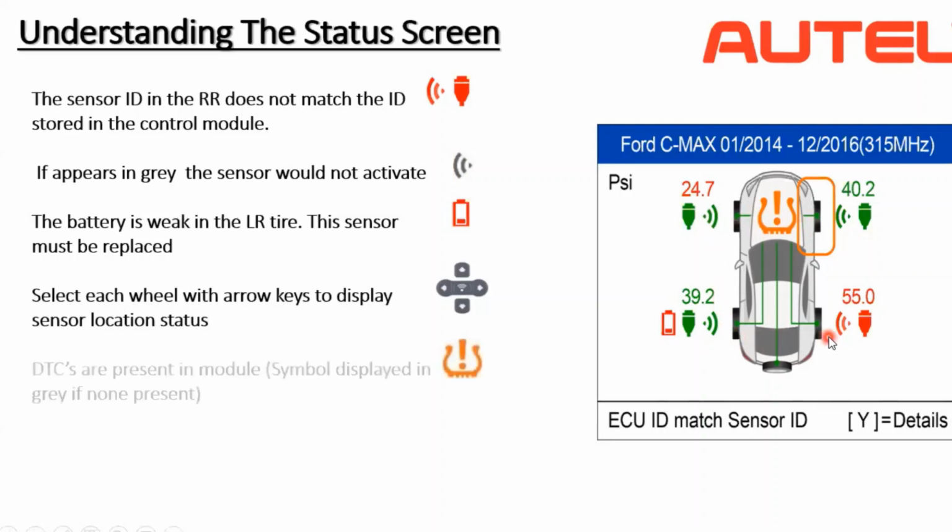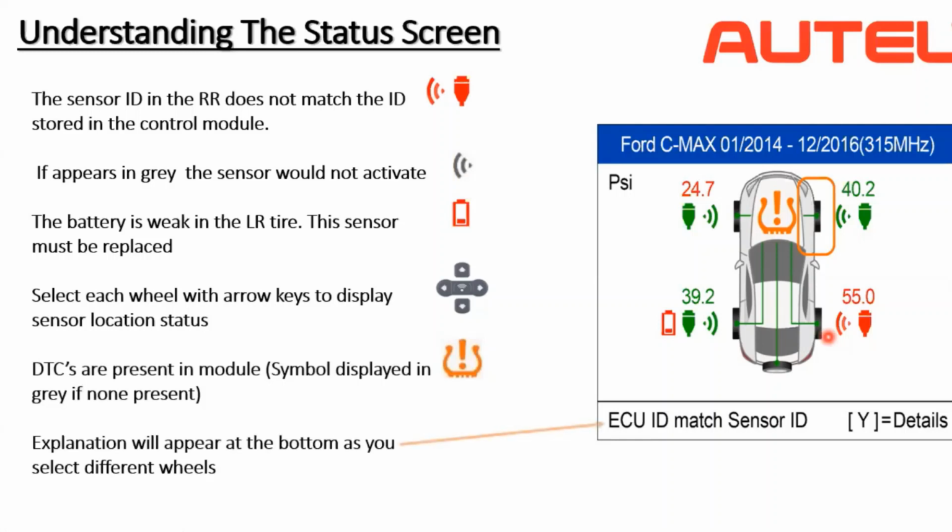Once you toggle to each wheel, you can see the information or description of the status of that particular wheel's TPMS sensor, or the TPMS system of that wheel. So in this particular wheel, once we reach this position, it says the ECU ID matches the sensor ID.